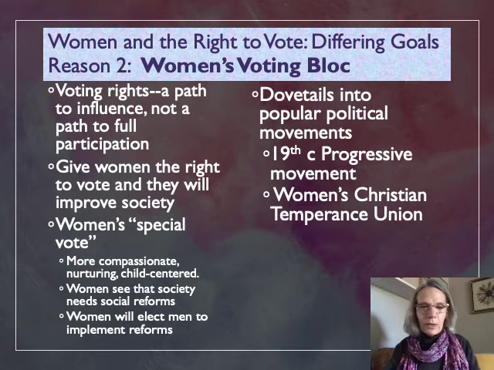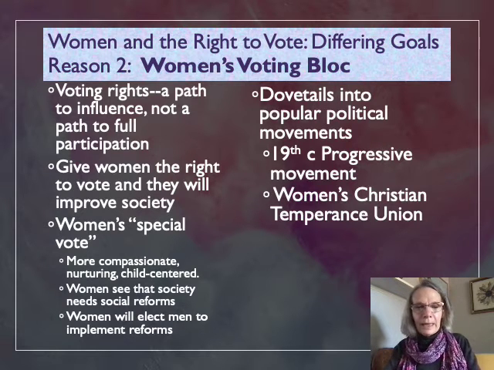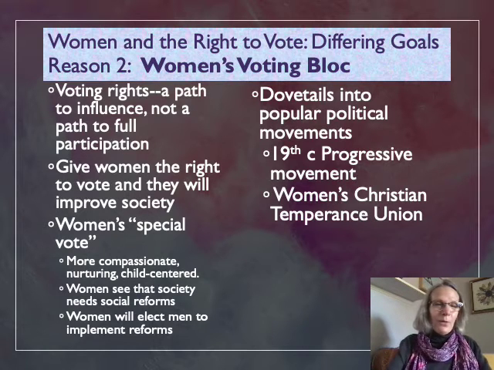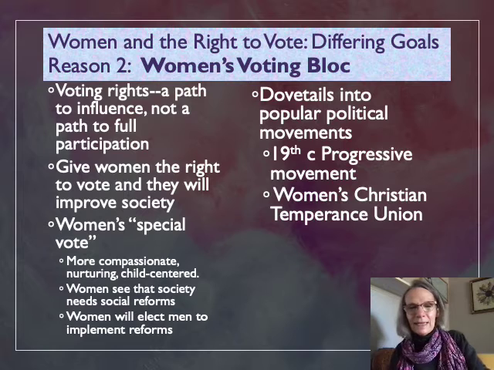When we look at industrialization, look at the horrible working conditions, look at how children are working. When you look at poverty, all the downsides of people who live in poverty, we need to reform, we need to progress to make sure that more people are taken care of. And so that fits in really well with the women's special vote, because women are sensitive to these negative things that are going on in society.